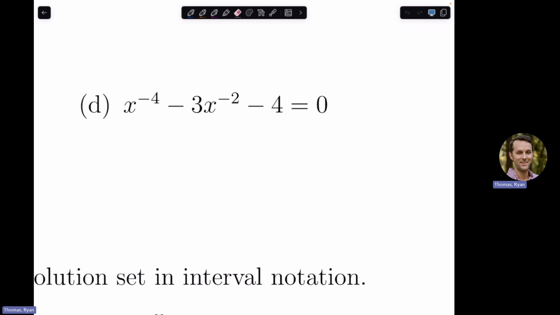Everything else we've been doing, we've been looking at rational expressions, fractions that have X in the denominator. And then this thing rolls up with its negative powers and looks like a whole different thing, right? What do negative exponents mean?